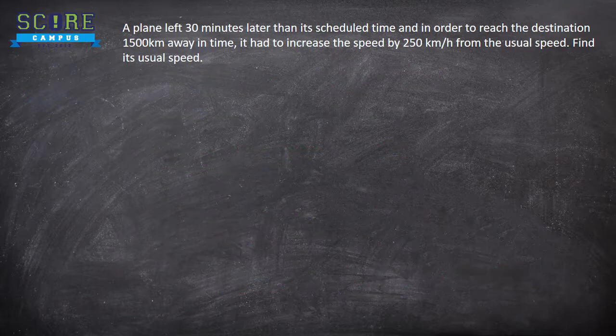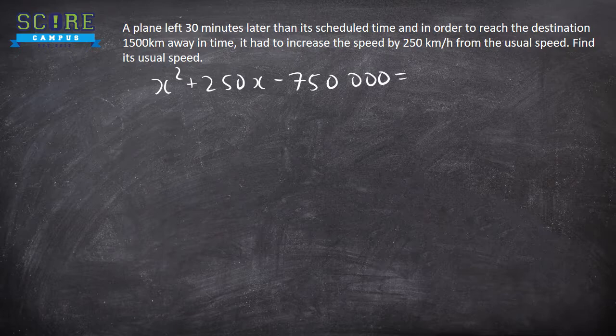Now let me erase this part. So now you factor. Let me write that down again. We get x squared plus 250x minus 750000 equals 0. If you factorize this, you get x minus 750, x plus 1000 equals 0.